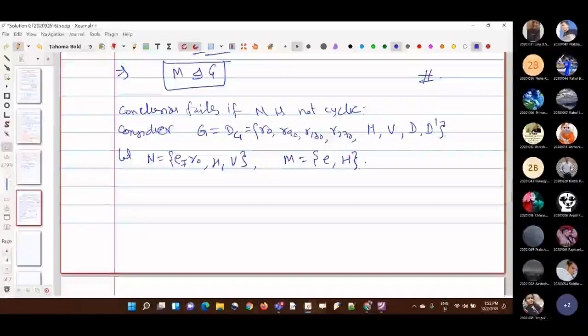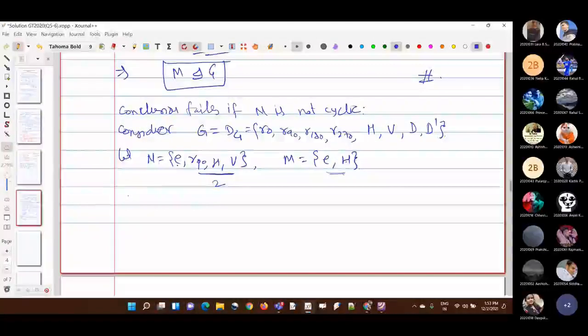E equals R0, and this should be R90, like this. So these three elements have order 2, and of course they are self-inverse. Fine. Identity has order 1.